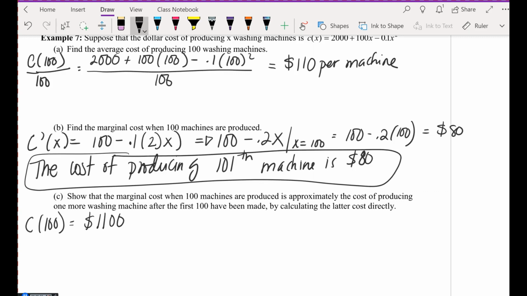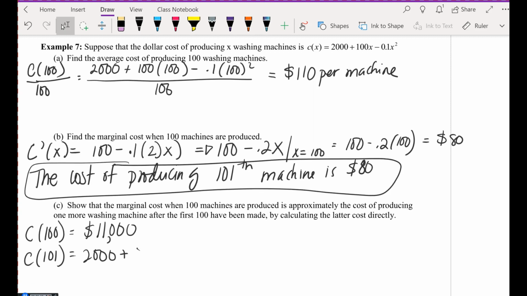When we plug it into the original. Then I would like to find the cost of 101. And guess what my goal is? Subtract the two. All right, let's find the cost of 101. 2,000 plus 100 times 101, minus 0.1 times 101 squared. Someone give me that number.